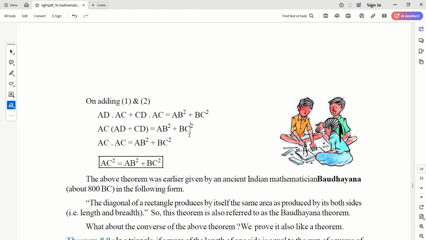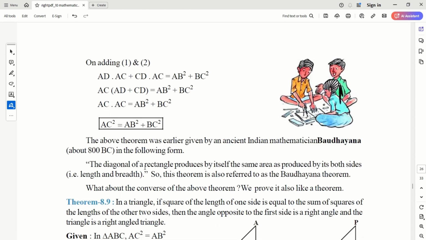The above theorem was earlier given by an ancient Indian mathematician, Baudhayana, about 800 BC, in the following form: the diagonal of a rectangle produces by itself the same area as produced by both its sides, length and breadth. The original is in a Sanskrit sloka.